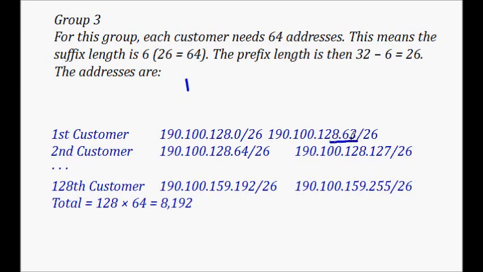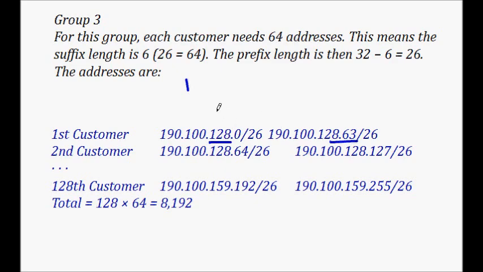It will be 128.63, and I can have 4 such groups within 128 itself. So 128.0 till 128.63 is the first group, 128.64 to 128.127 the second group, 128.128 till 128.191 the third group, and 192 till 255 the fourth group. Something like this you need to do.